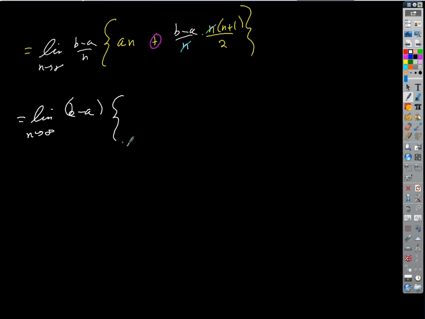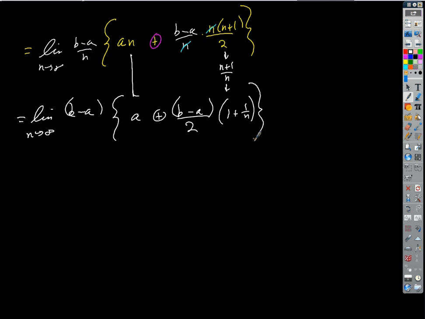If I distribute that 1 over n, I'm just gonna get an a from that term, plus b minus a times, if I multiply by 1 over n, I'm gonna lump the 2 with that. What is n plus 1 over n gonna look like? Right, so I'm gonna get n plus 1 over n, which if I split those fractions becomes 1 plus 1 over n. Okay, does that make sense?